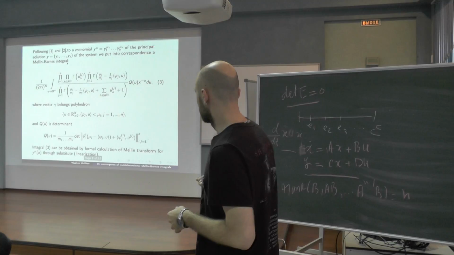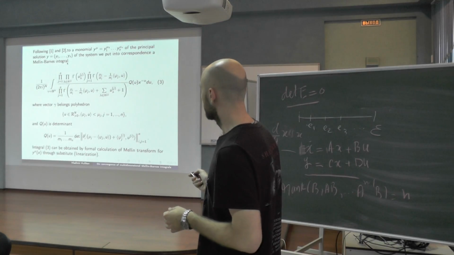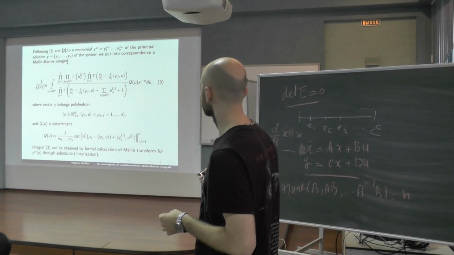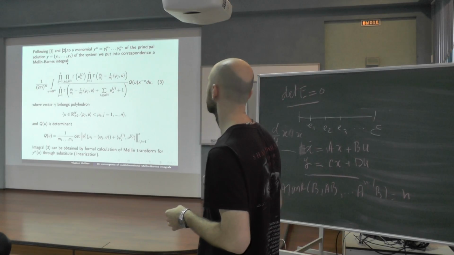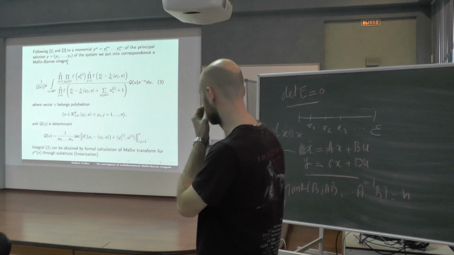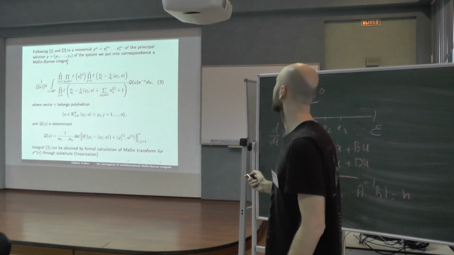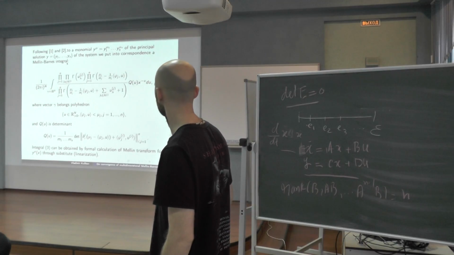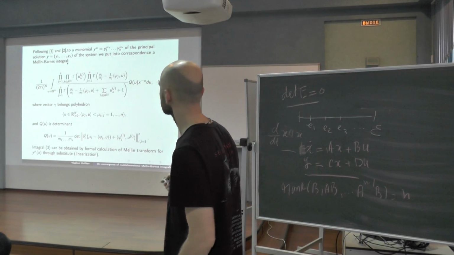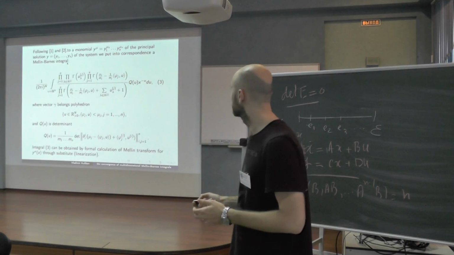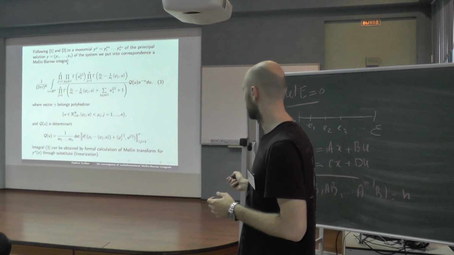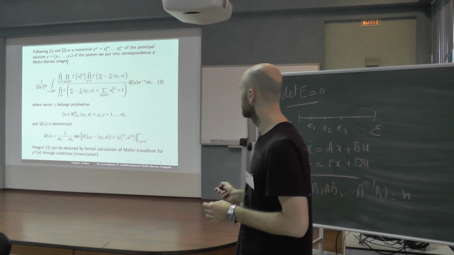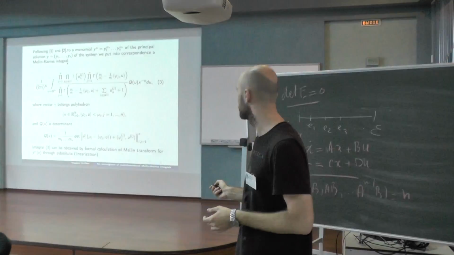Following papers of Stepanenko and Antipova, to a monomial y in power mu of the principal solution y of the system, we put into correspondence the Mellin-Barnes integral of this form. Vector gamma belongs to a polyhedron, and Q is a polynomial which can be represented as a determinant.